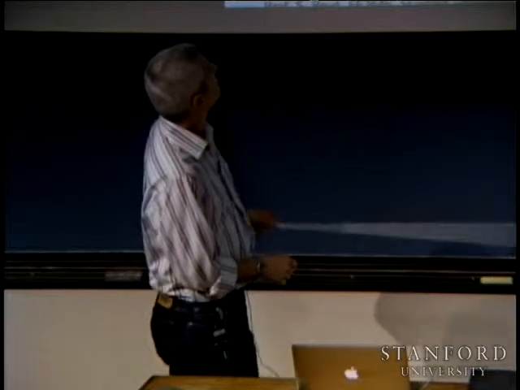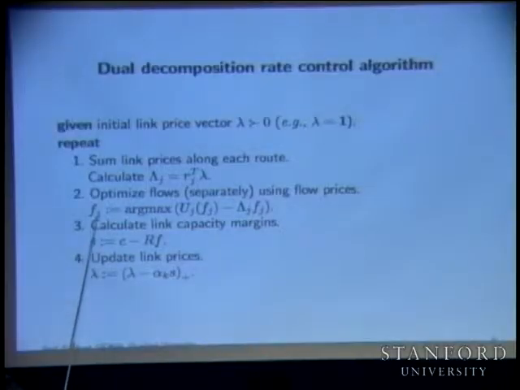Everybody got this? So that's the picture. Oh, by the way, there's no reason to believe that when you set the flows this way, your link capacities will be respected, although there's some obvious things you can say. Let me ask you this. What if you get to step 3?